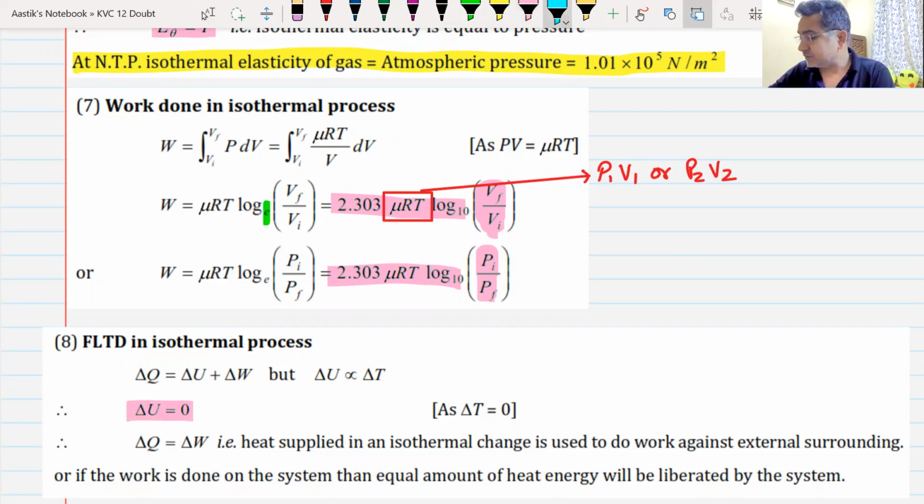So this amount of work which we have calculated here, that is also your heat supplied in this process, because whatever heat is given to this gas during this process, the entire heat is getting converted into work, which is not possible.